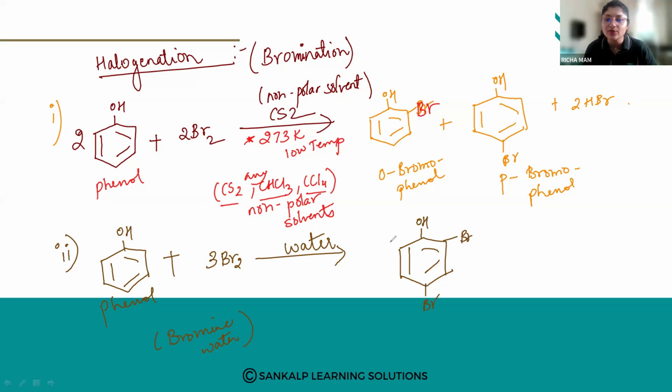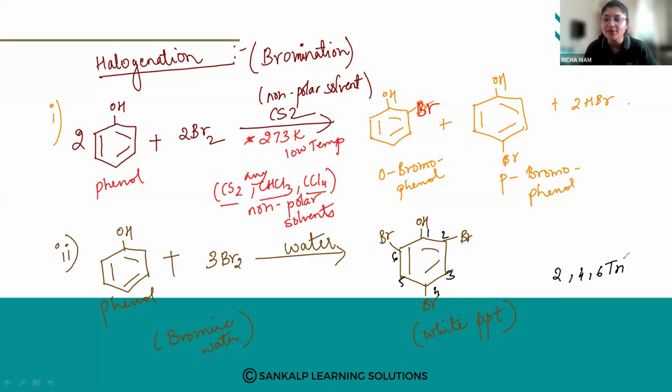Of what? Can you tell me the name? This white precipitate is formed when phenol reacts with bromine water. Can you name it?